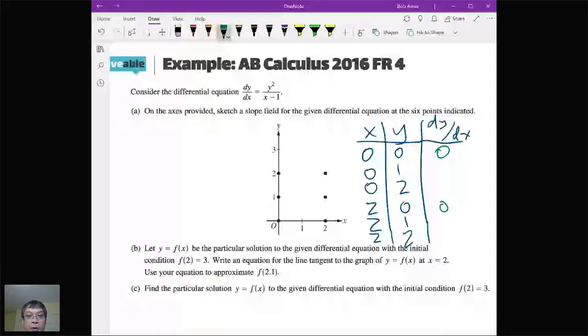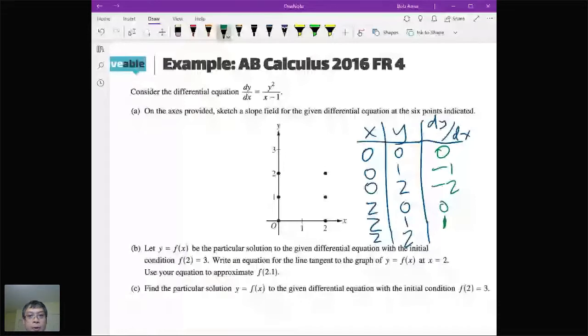And then for 0, 2, I get 2 over negative 1. And then the opposite thing happens for when x is 2. I get y squared over x minus 1. When y is 1 and x is 2, I get 1 over positive 1. And then I get something interesting, don't I?